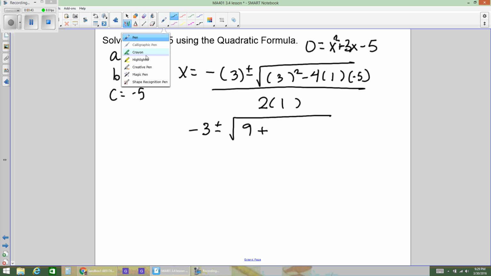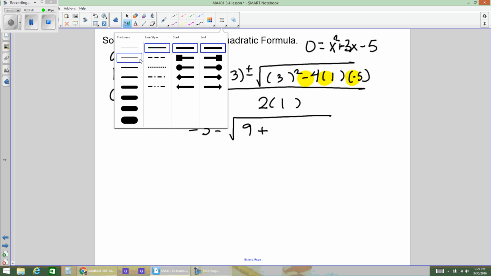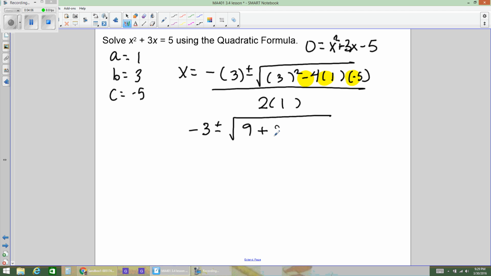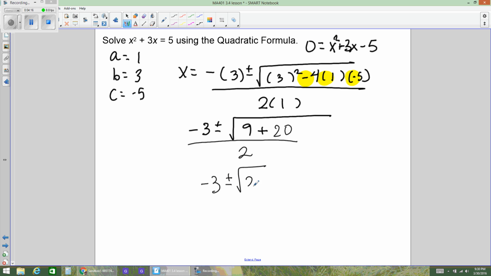I wrote a plus sign there because I have two negatives, and a negative times a negative is a positive. Okay, now that is 4 times 1 times 5. Remember, I already determined it's a plus sign, so I'm going to have 20 here, and it's all over 2. So that's -3 plus or minus the square root of 29 all over 2.